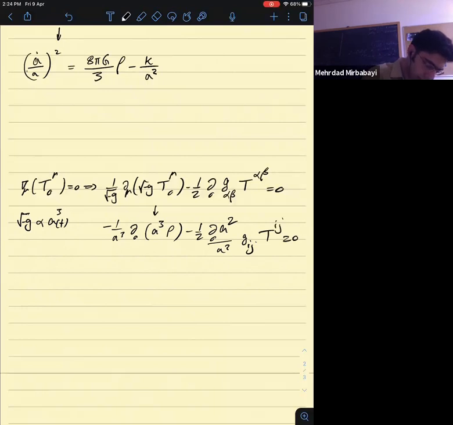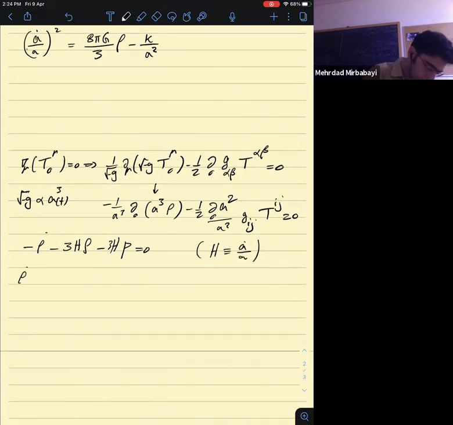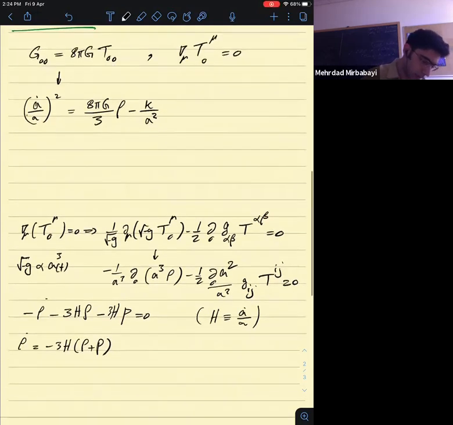So the first term gives me minus rho dot minus 3H rho, and the second term gives me minus 3Hp, because I'm taking the trace of the spatial part, and the trace of the spatial part is 3p. This is equal to 0, and H I define as a dot over a. So this tells me that rho dot is equal to minus 3H, rho plus p. Okay, so this is the second equation that we have.